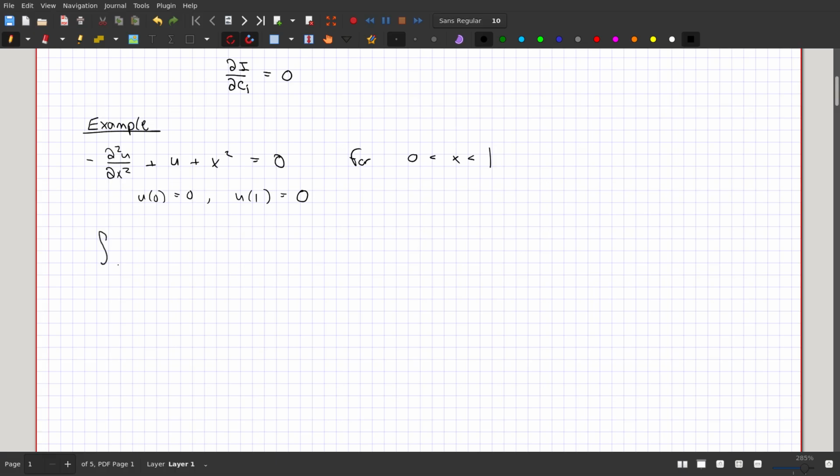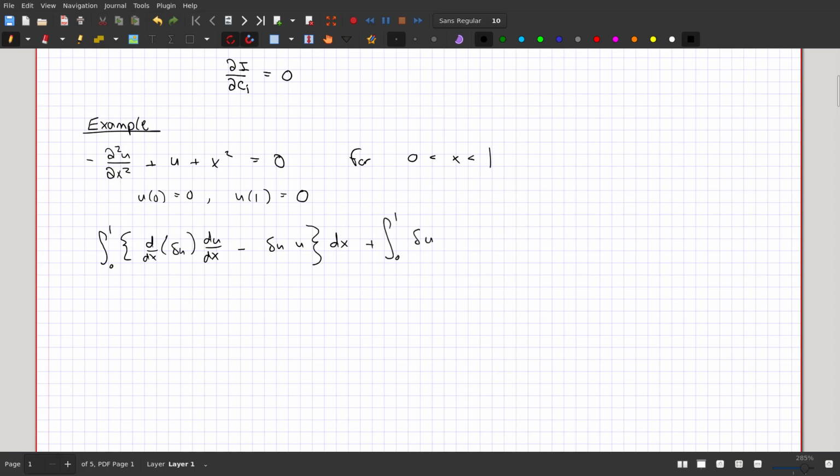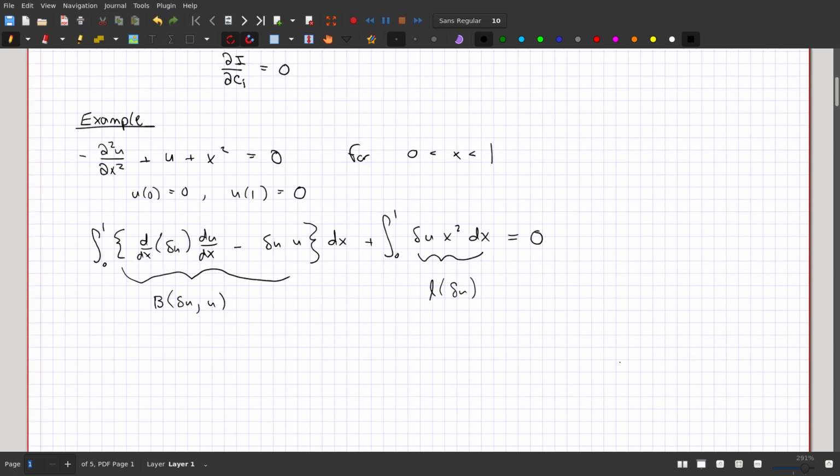So if we do that, what we would get is the integral from 0 to 1 of d/dx del u, and I separated the integral like that just to identify that this is the bilinear part and this is the part that only contains del u.